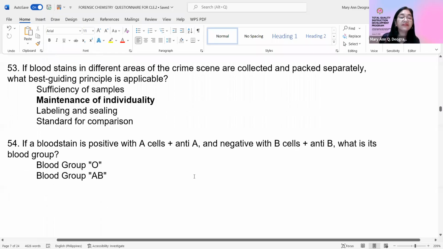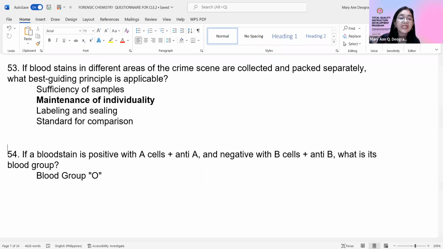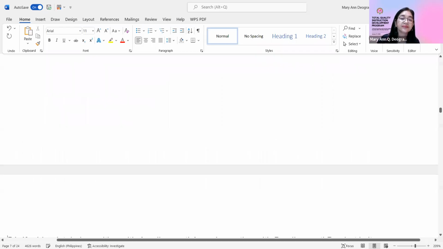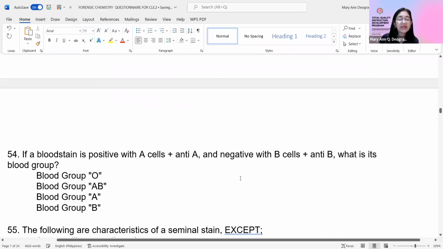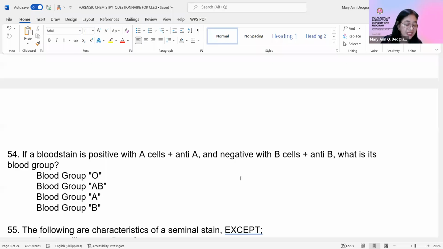All right, number 54. If a blood stain is positive with A cells plus anti-A and negative with B cells plus anti-B, what is its blood group?